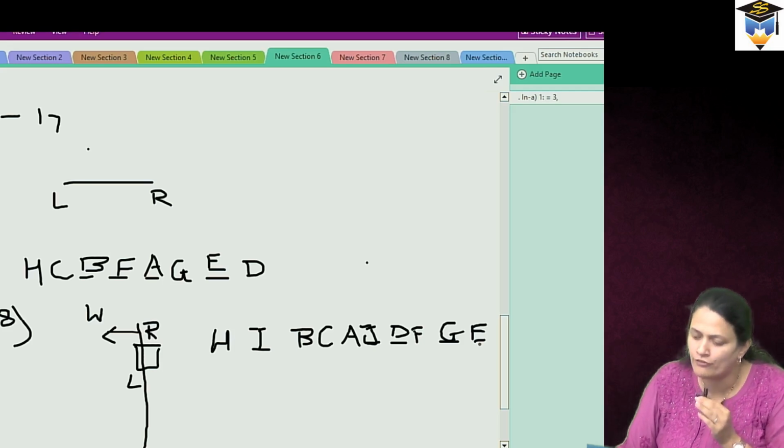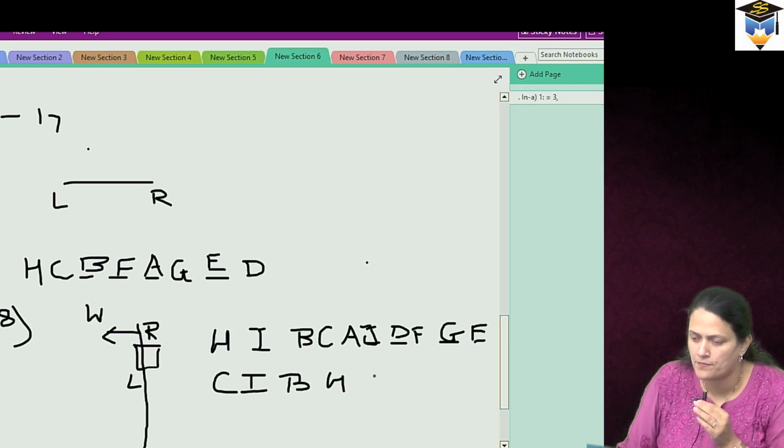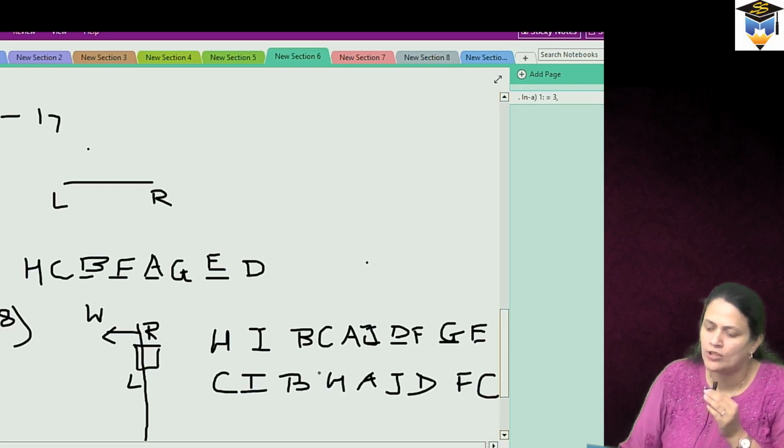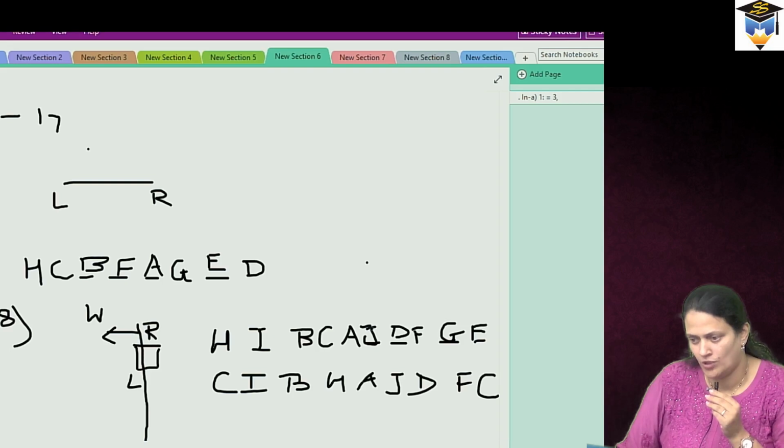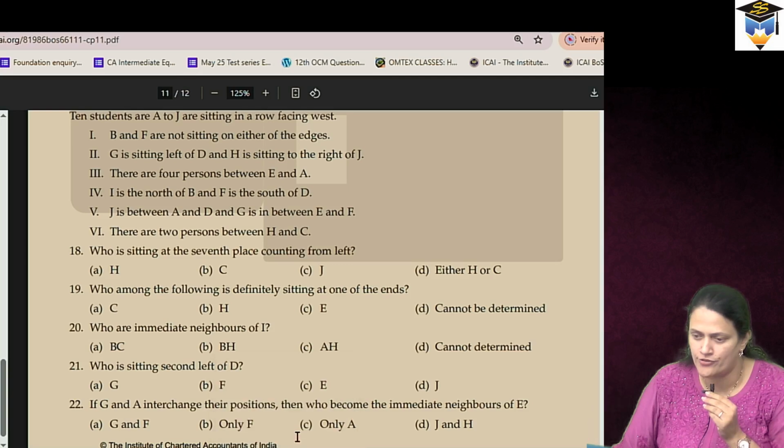This can be one of the arrangements, or I can place it like this, C, I. Both are correct. So now let us answer the questions.